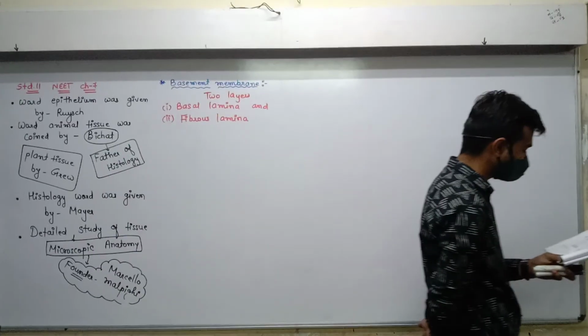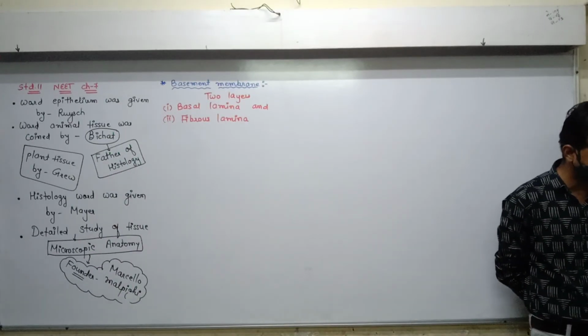But actually the central canal is available up to our cervical region in the spinal cord, and then the central canal is absent in the spinal cord. Fine. So in both the ventricle and the central canal, cilia is present for transporting the cerebrospinal fluid. Okay, this is about the cilia and microvilli.